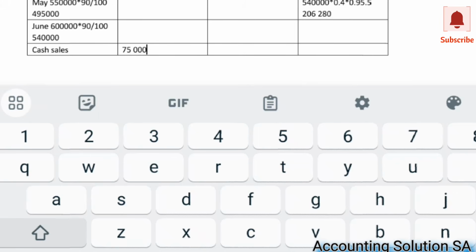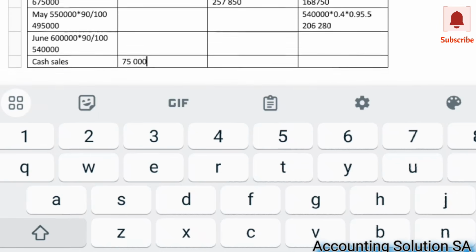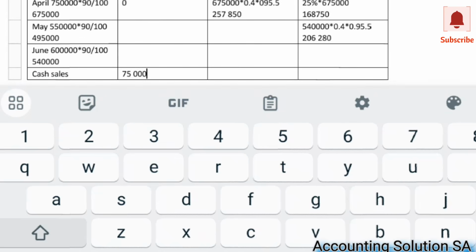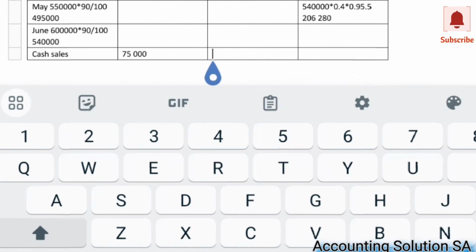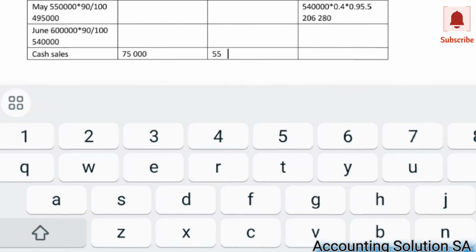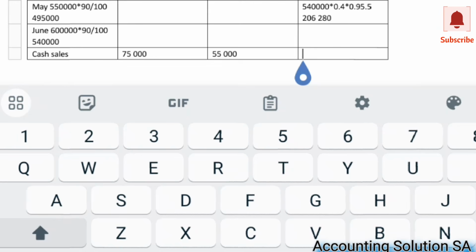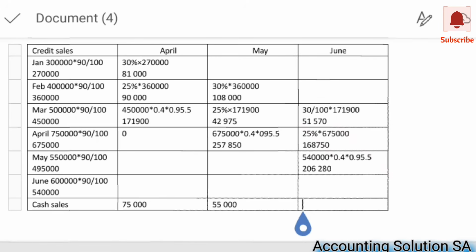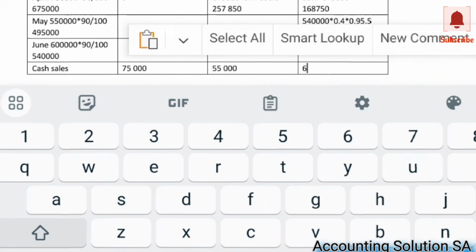You have to show the calculation that you say 750 multiplied by 10%. Then for May 550, it's gonna give us 55,000. And for June 600 is gonna give us 60,000.